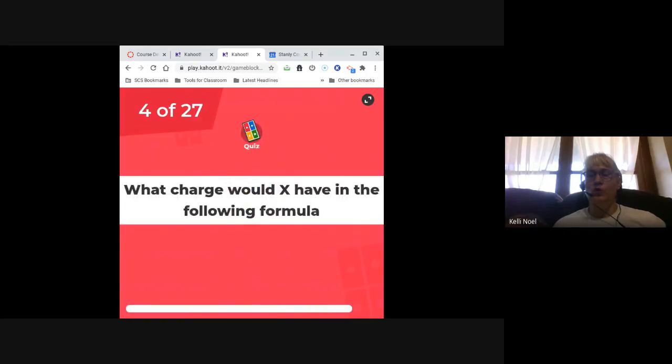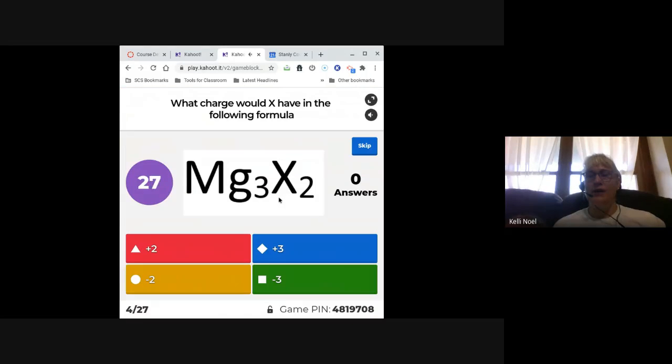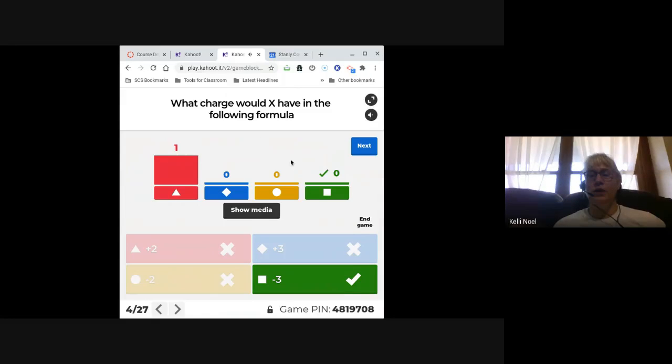What charge would X have in this following formula? This was yesterday's lesson. You would have to do something called the reverse crisscross to figure it out. X is just an unknown element. Magnesium, Mg, is in group 2, but we want to know what X's charge is just by using this formula.